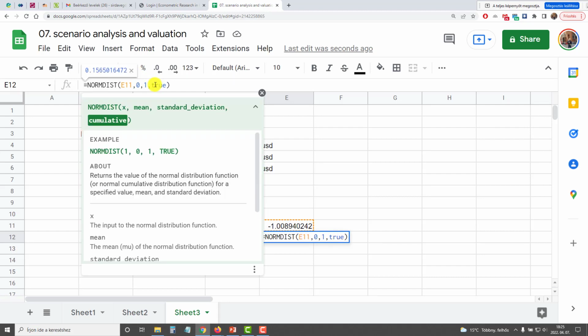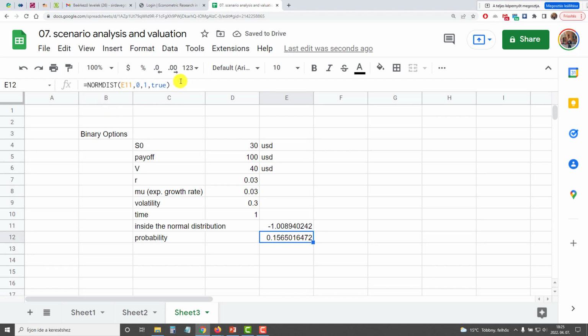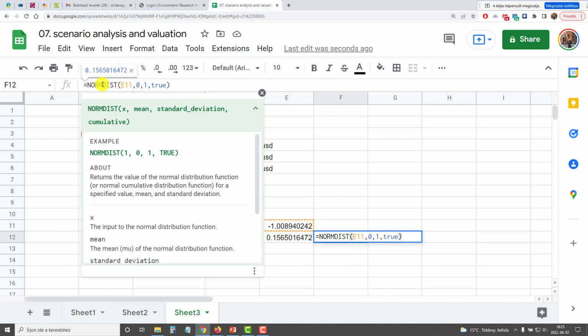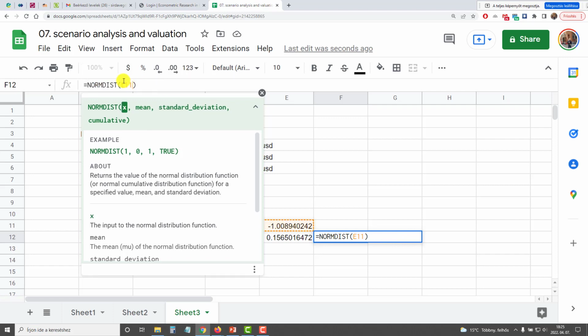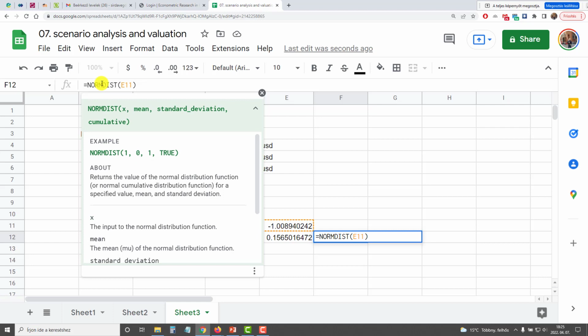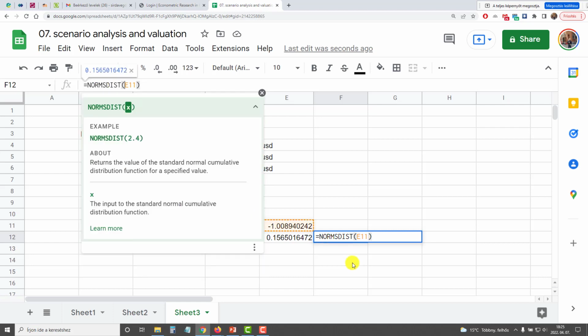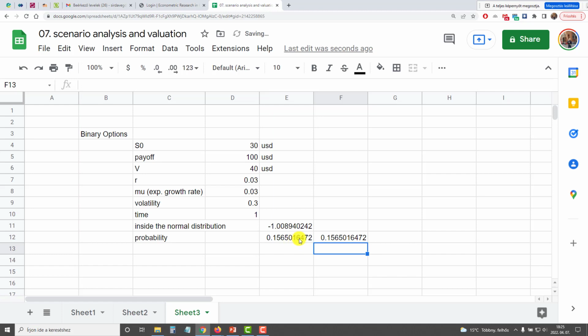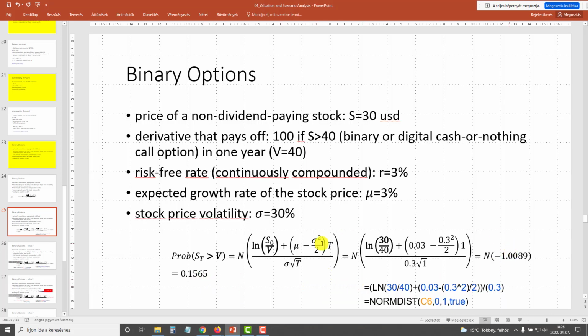True. We have this, but just for fun, let's have it with the different one, so it's norm S dist. They are supposed to be completely the same, so it doesn't matter which function I'm using, just here I can calibrate, here I cannot. Okay, but the book uses this way. I just wanted to show you what happens. Okay, so now we have the probability.